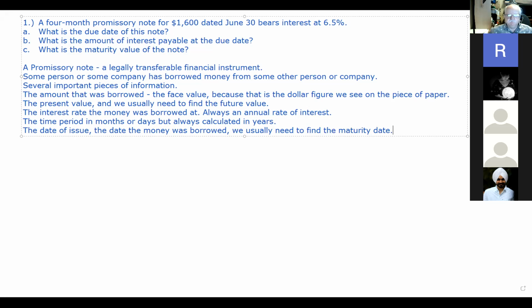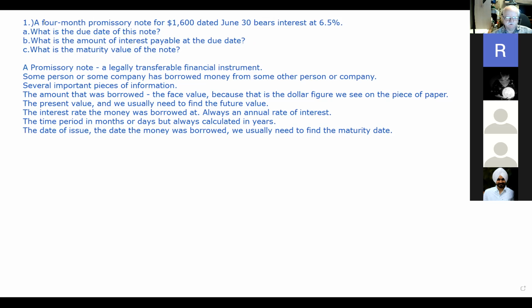So that's basically how these promissory note problems work. They've got to give you those 4 pieces of information, and then we have to find out things like how much is going to be paid back on what particular date. So let's take a look at this question they've given us here. It says a 4-month promissory note. So that's the time period.